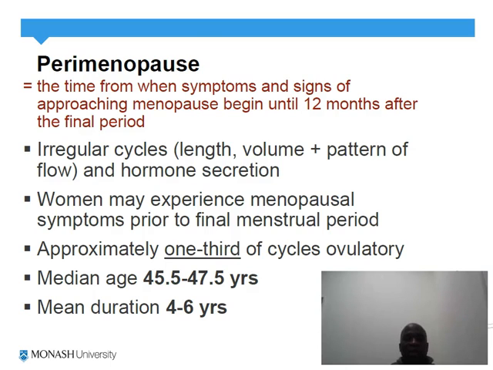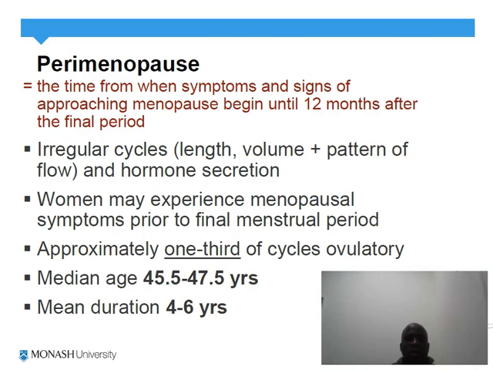Okay, besides this, there's what we call perimenopause. Perimenopause basically is the period from when symptoms and signs of approaching menopause begin until 12 months after the final period. So it's that time prior to menopause, and it's characterized by irregular cycles.